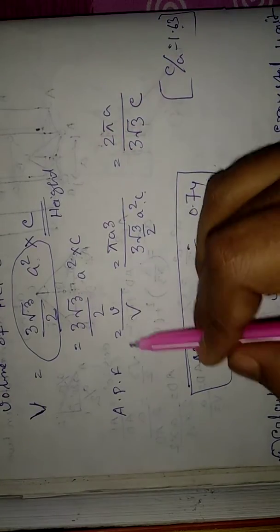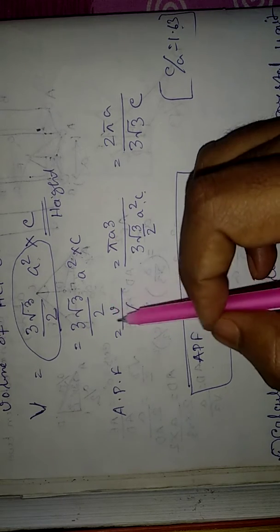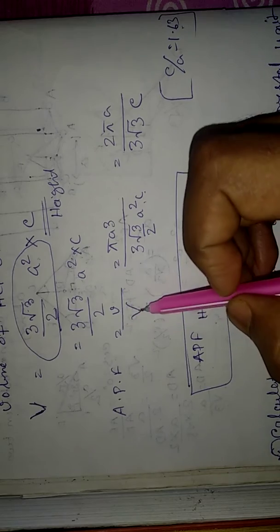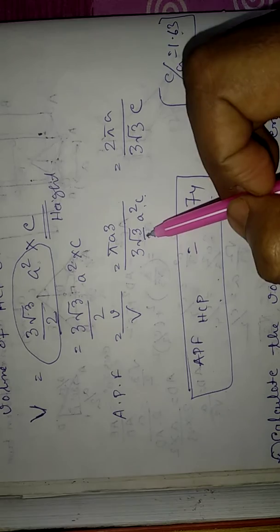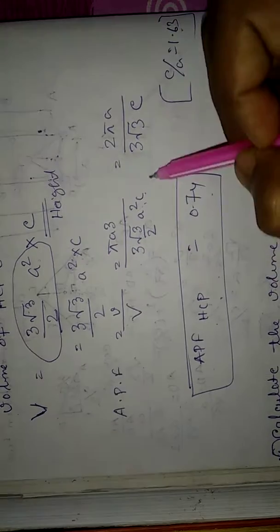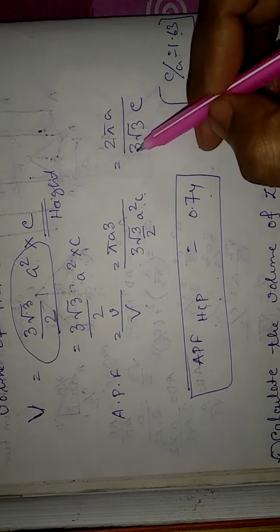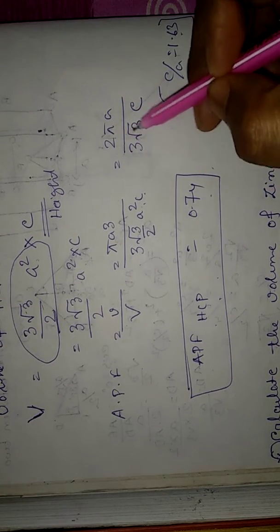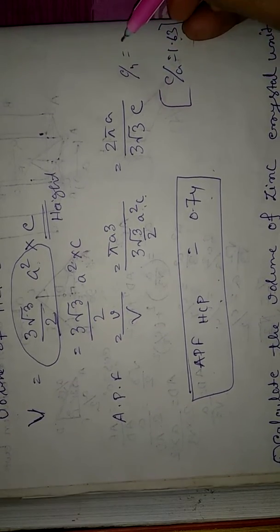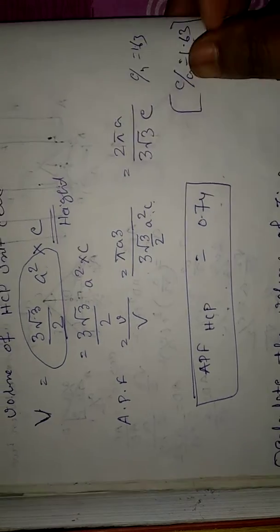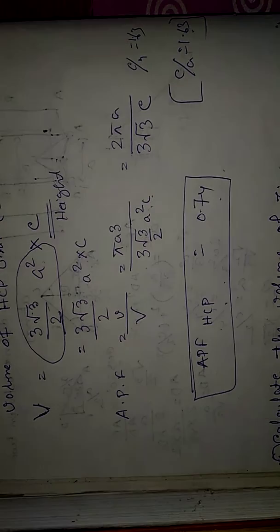As you know, the atomic packing factor is the ratio of the volume of the total number of atoms divided by one unit cell volume. So that will be pi A cube divided by 3 root 3 by 2 A square C. After calculation, the equation becomes 2 pi A divided by 3 root 3 C. Now, as you know, the C by A ratio for the HCP structure is 1.63.